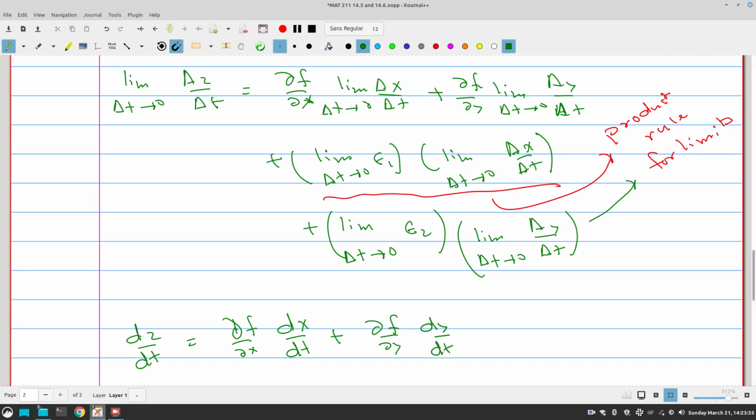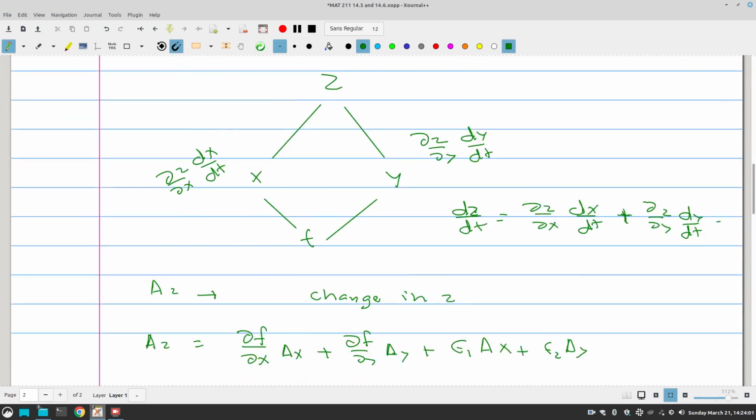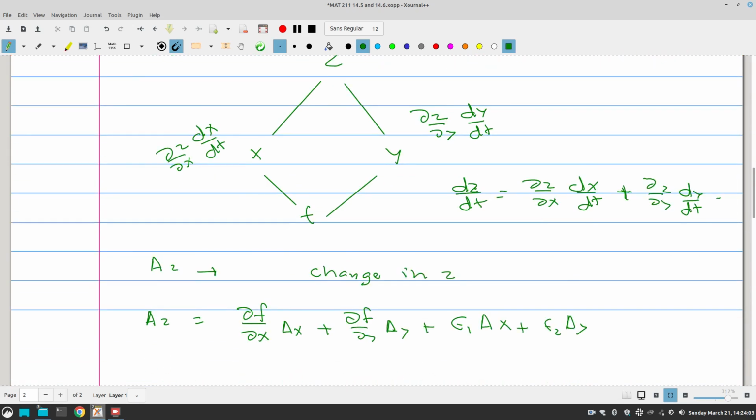Now remember, epsilon 1 and epsilon 2 go to 0 as delta t goes to 0. So those terms tend to 0, and we are left with the first two terms only, and this is the chain rule, right? So we've proved the chain rule for the scenario in which both x and y are functions of t.